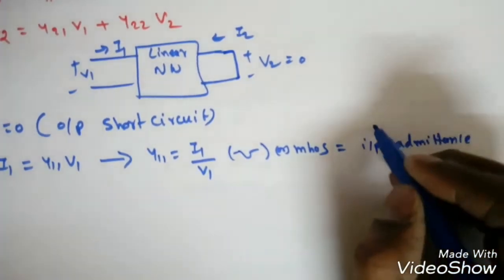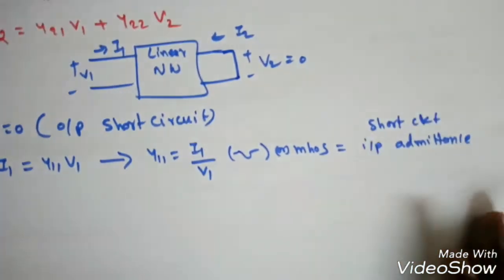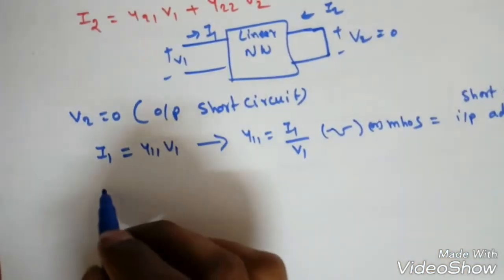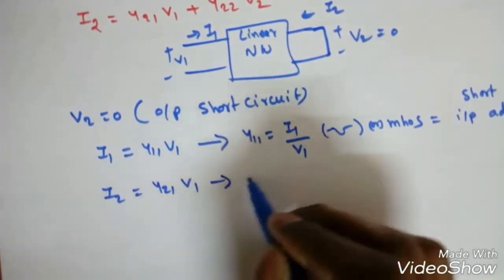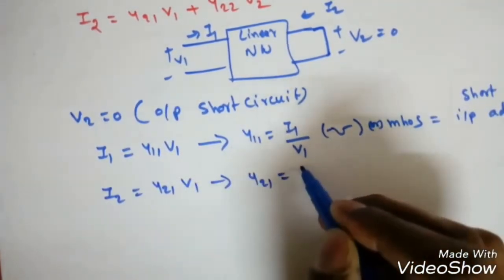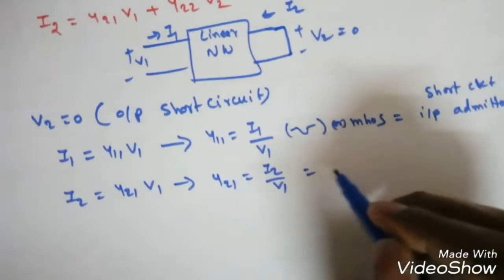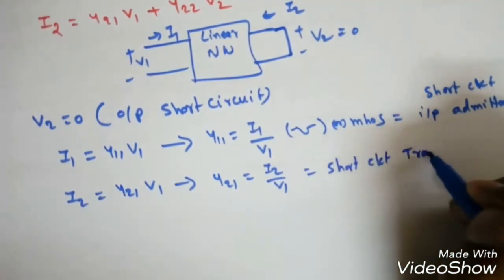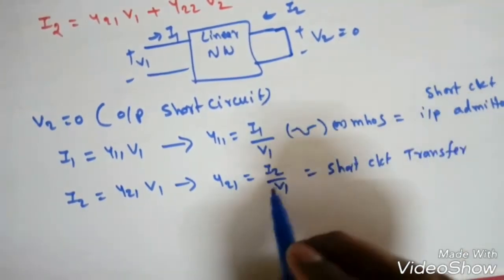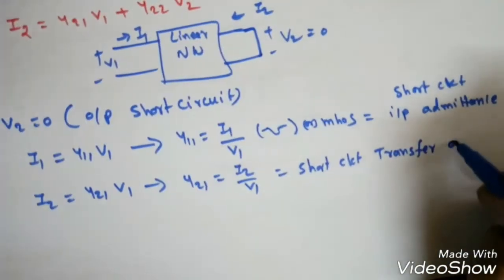Now how are we finding it? It is called short circuit input admittance. Similarly, I2 is equal to Y21 V1, so it leads to Y21 equal to I2 by V1. So this is called short circuit transfer admittance, transfer from port 1 to port 2.